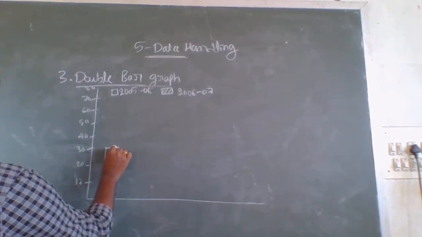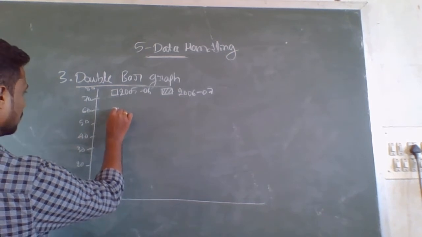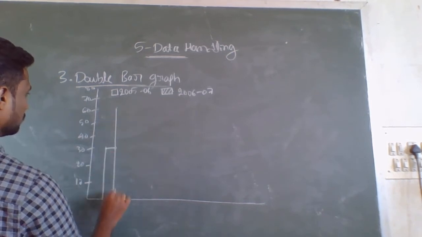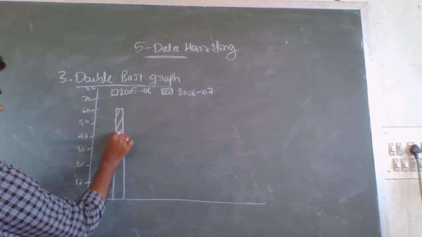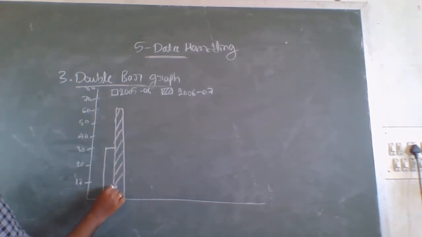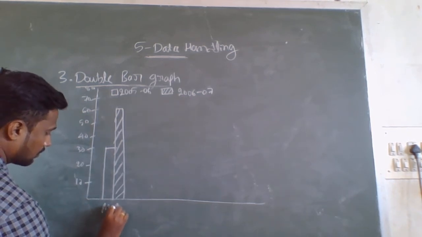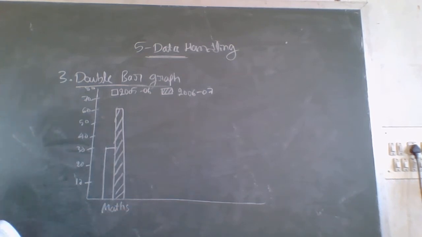This is for 30 and this is 60. This is for maths. Next, social science.